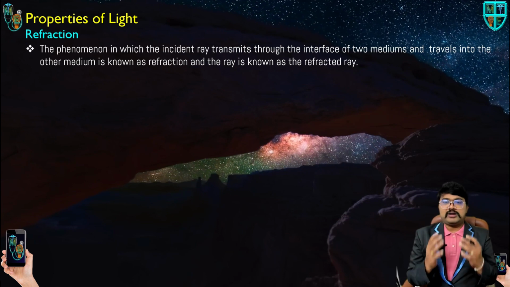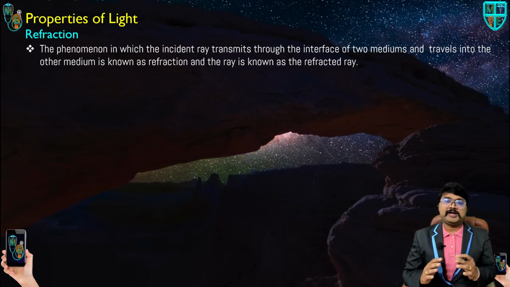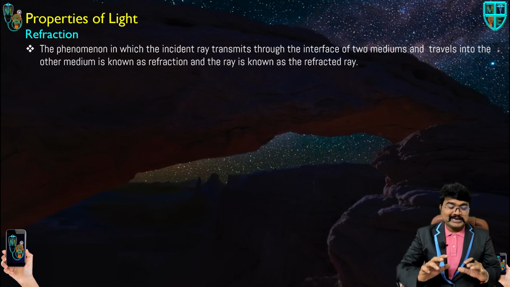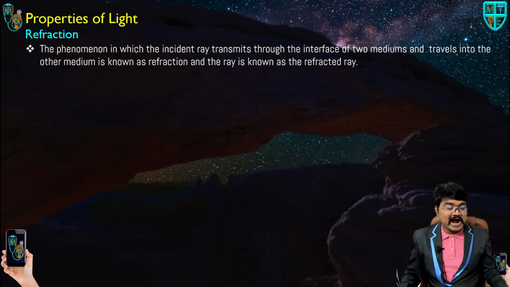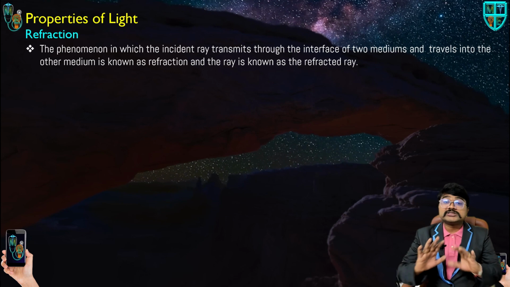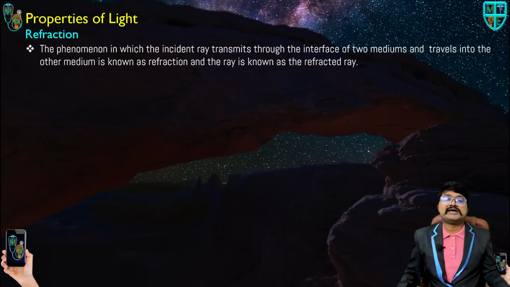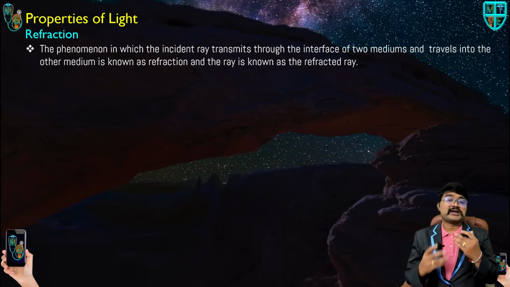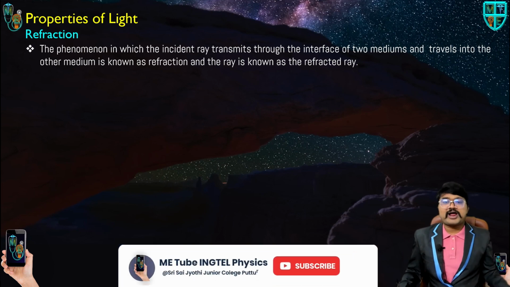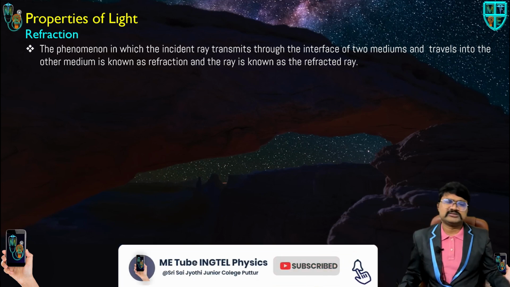The phenomenon in which the incident ray transmits through the interface of two mediums and travels into the other medium is known as refraction, and the ray is known as the refracted ray. We already discussed this part.